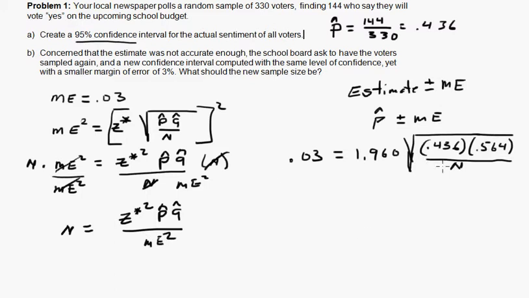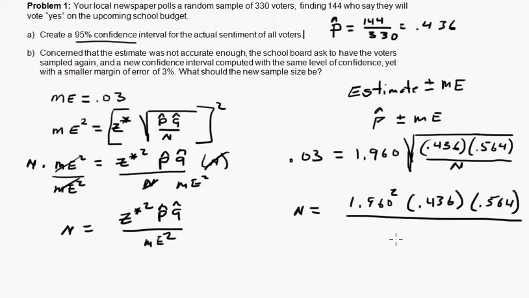Okay, so if I did that over here, I would get n equals 1.960 squared times 0.436 times 0.564, all divided by 0.03 squared. Okay, so it's just algebra.